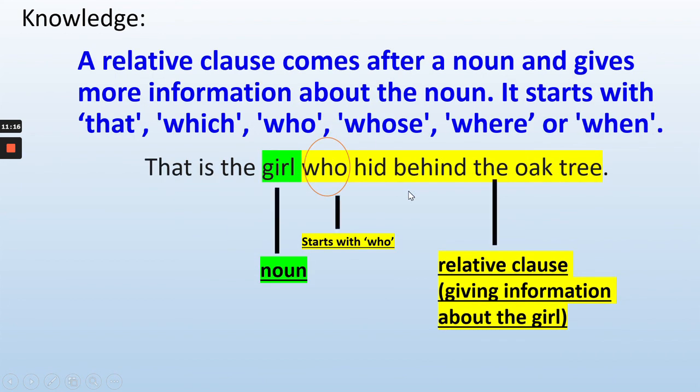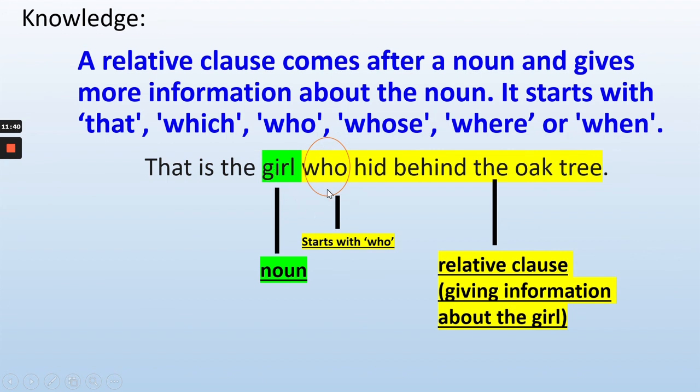This relative clause comes after the noun girl. That is the girl who hid behind the oak tree. The relative clause gives more information about the girl. Which girl? The girl who hid behind the oak tree. Who hid behind the oak tree is the relative clause, and it starts with who.